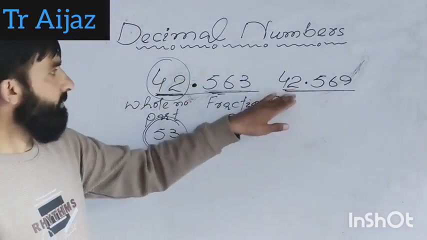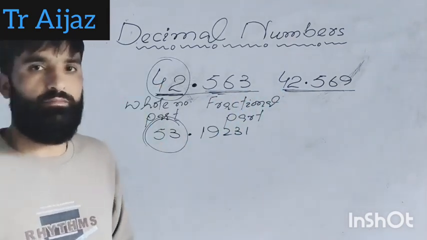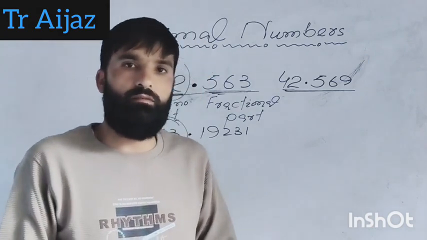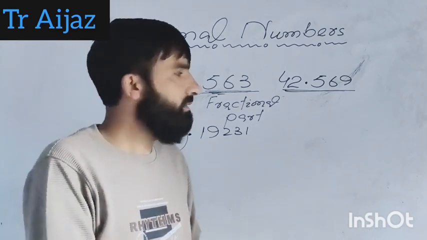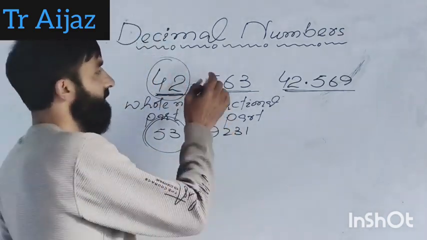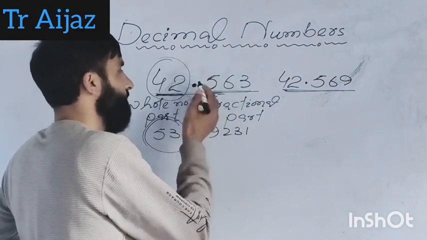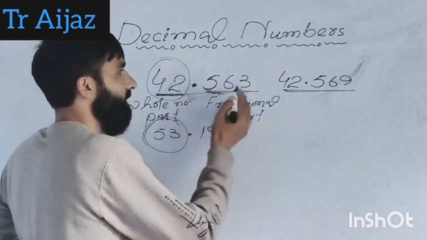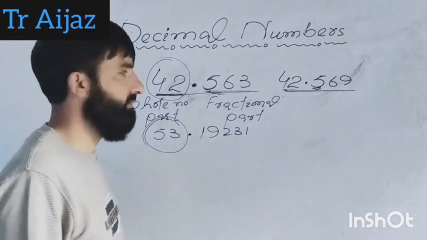Look, the whole number part is 42, and the whole number part is again 42. So looking at the whole number part, we are not in a position to say which is lesser and which is greater. So let's go to the fractional part. We will see from the first digit, that is 5, and here it's again 5. So the numbers are the same.